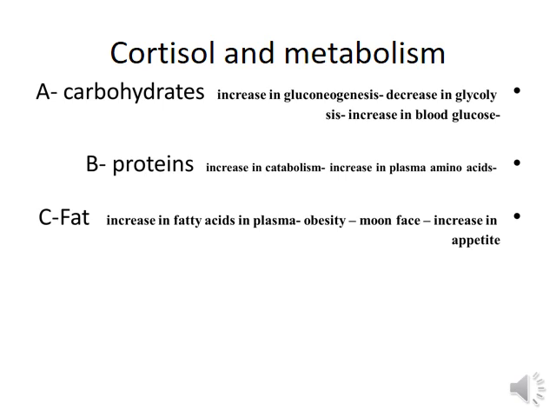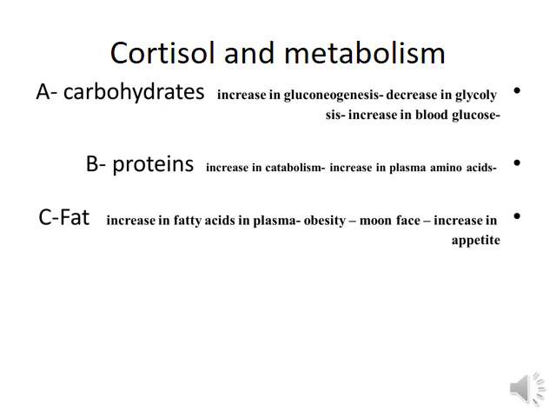But how about the proteins? Cortisol is the main hormone for increasing the catabolism of protein, for breaking down and deteriorating collagen, not only in the skin but specifically in the muscles. So the free amino acids in the plasma will be increased. How about the fat?